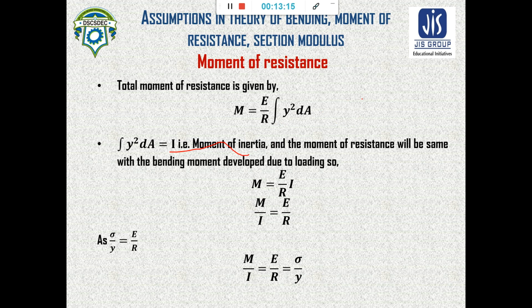And so M is equal to E by R into I, so that gives M by I is equal to E by R. If we put sigma by y in place of E by R and equate them, we get M by I is equal to E by R is equal to sigma by y. So this is the moment of resistance, and this is the moment equation.